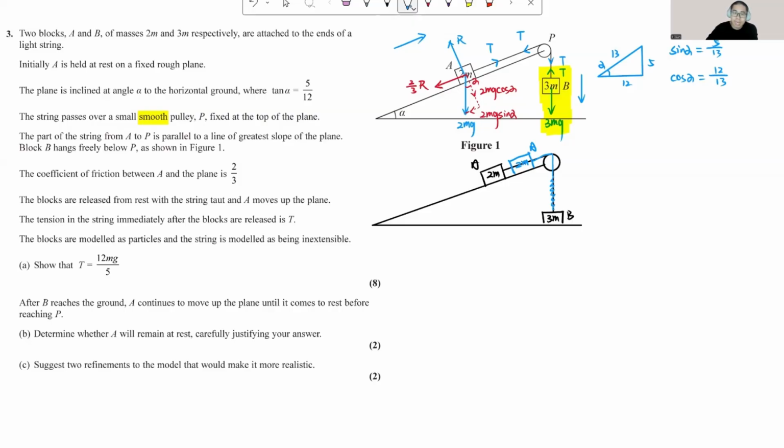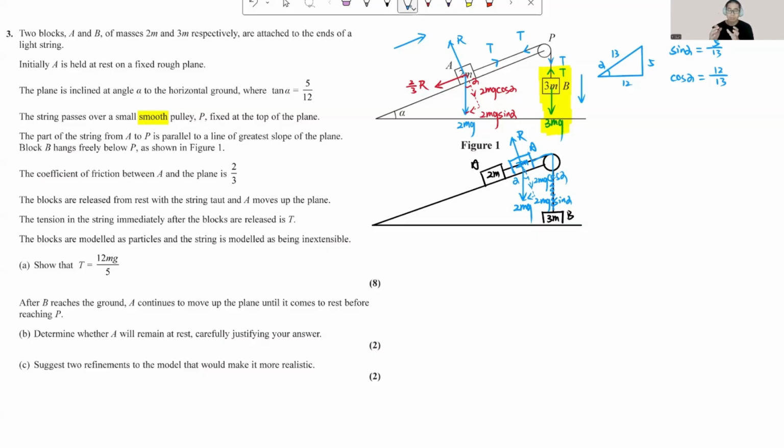So the only forces acting on A are the weight of A, which is 2 mg, and the normal reaction R on A. We can also resolve the weight parallel and perpendicular: this would be 2 mg cos alpha, and this one would be 2 mg sine alpha. And this time A completely stops at that position.